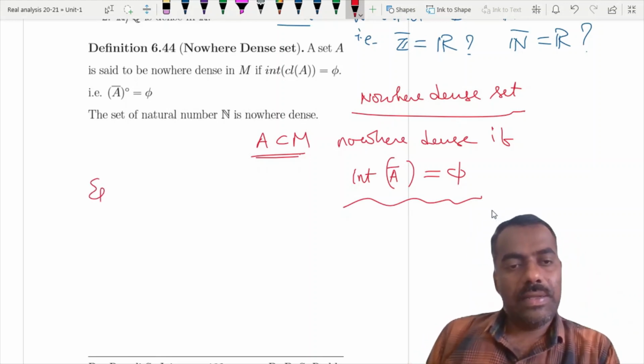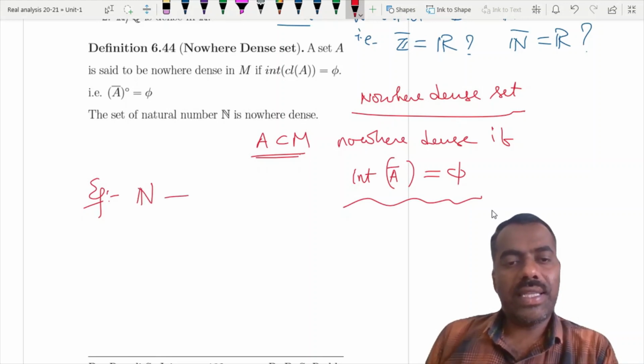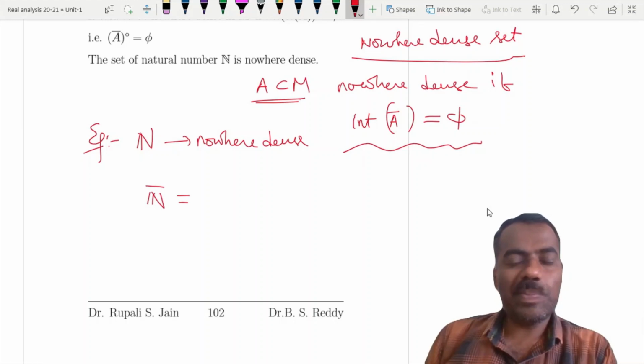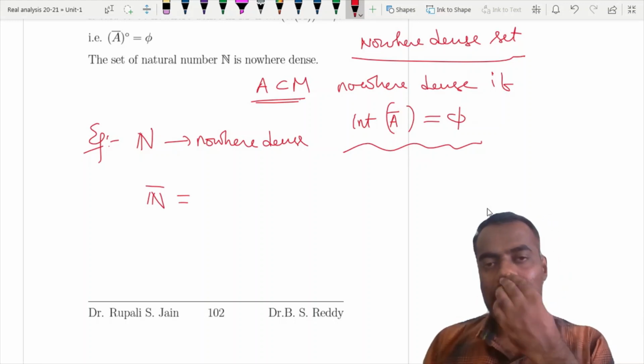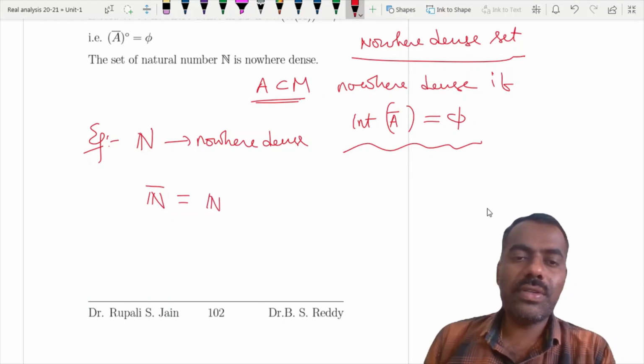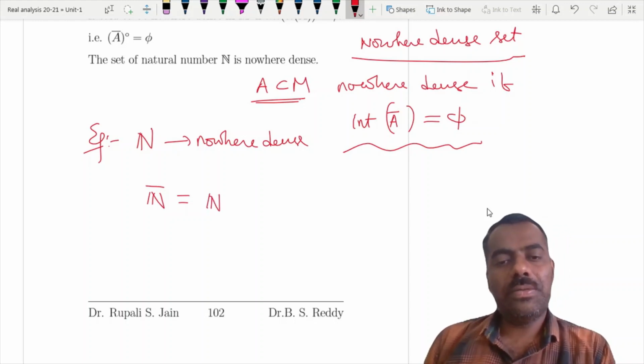For example, if you take N, then you can see that N is nowhere dense. Why? What is N bar, that is, what is the closure of N? N together with its limit points. You can check that N bar is N itself, and the interior of N is empty.